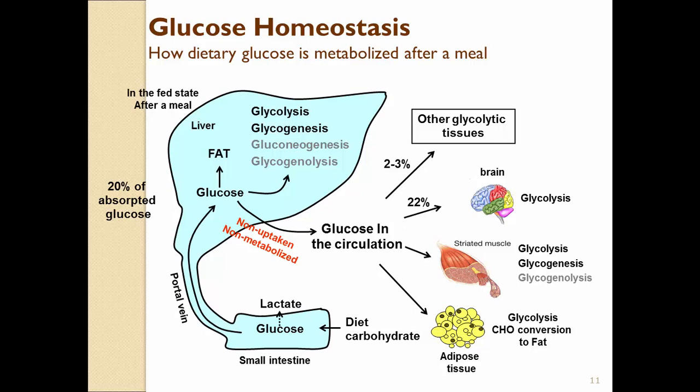The majority of the glucose is absorbed into the body, and 20% of the absorbed glucose goes to the liver for metabolism, right? And the rest of the glucose, either non-uptaken or non-metabolized, actually goes into the circulation and is provided to the other tissues in the body, right?